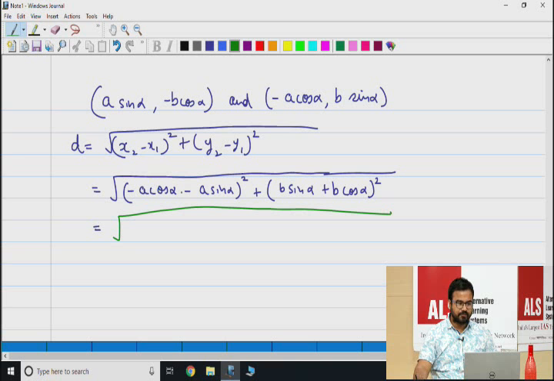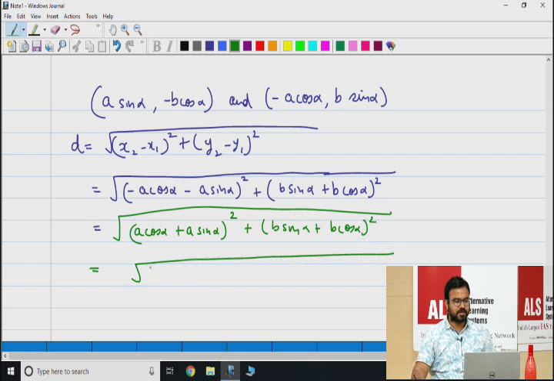So we can take this minus as common in this one. So it will become a cos alpha plus a sin alpha whole square. And this is b sin alpha plus b cos alpha whole square. Now we can open this by a plus b whole square. This is a square plus b square plus 2ab.